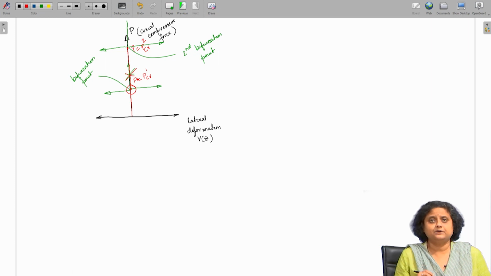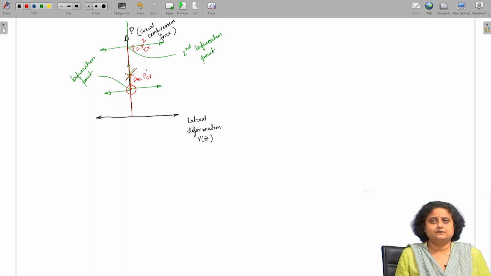The slightest increase from the P critical can most likely make the column undergo large deformation and eventually failure. So, that is the reason we need to find out the critical load of a column.